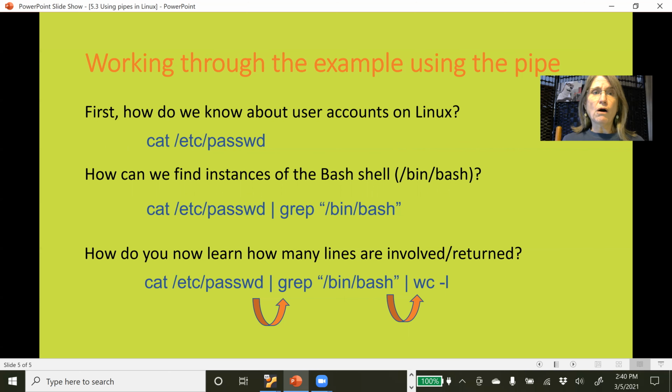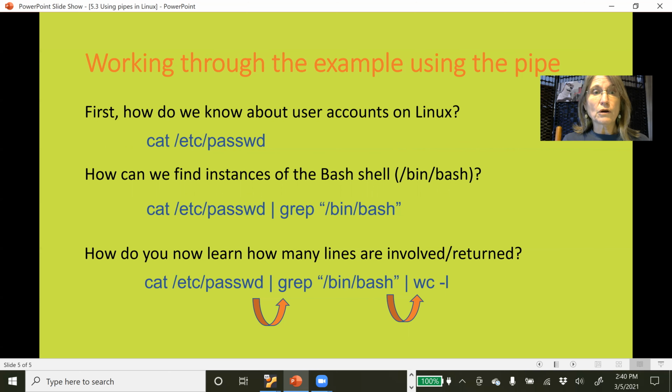And we should recall that all the user accounts are in the /etc/passwd file. So perhaps we would want to use the command cat to output all of the lines in that file.